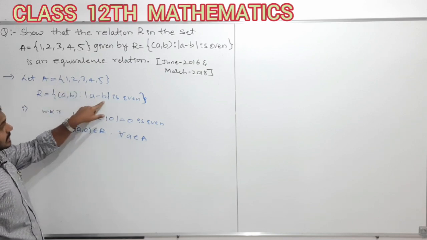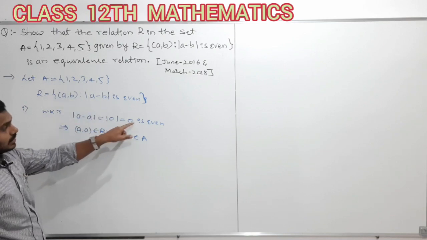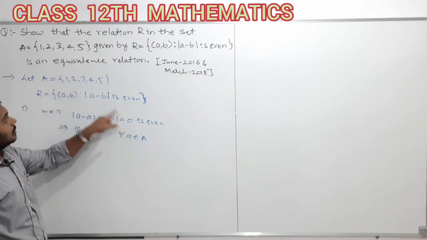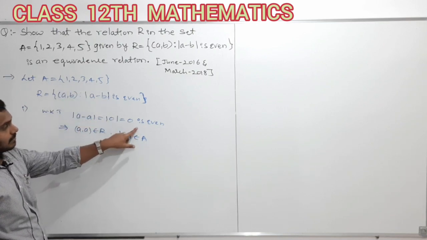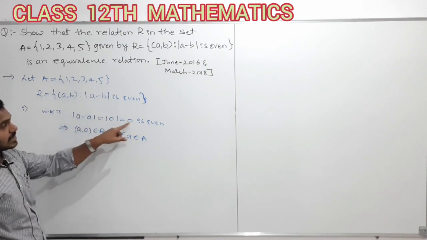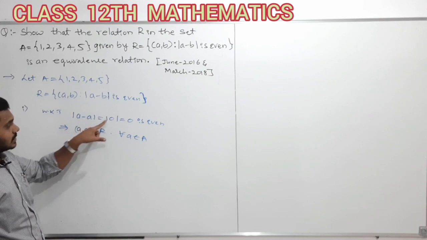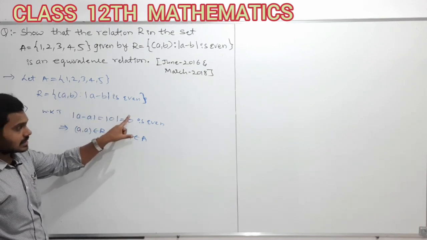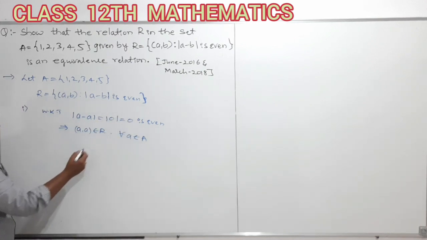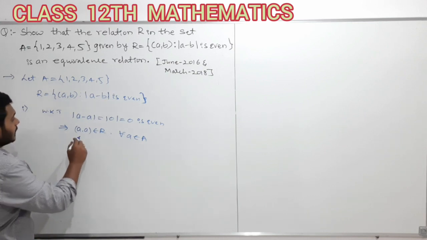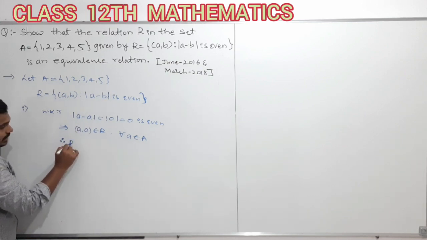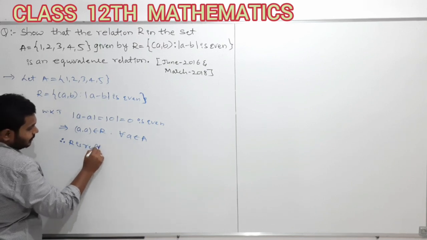If you subtract it from the same element, 1 minus 1 is 0, which is even. 2 minus 2 is 0. 3 minus 3 is also an even number. 4 minus 4 is 0, and 0 is even. 5 minus 5 is 0. Modulus of 0 is 0, and 0 is an even number. So therefore (A, A) belongs to R. Therefore R is reflexive.